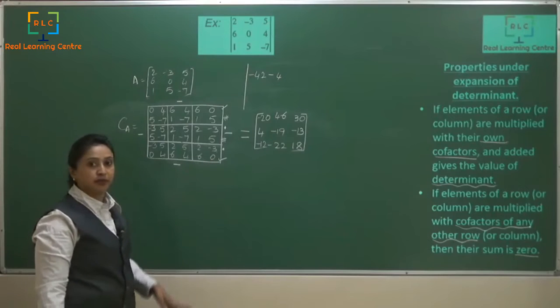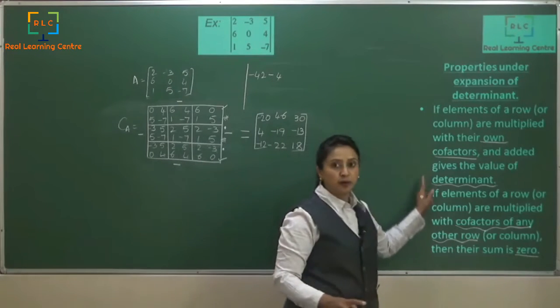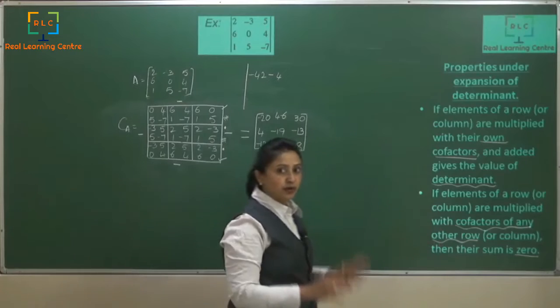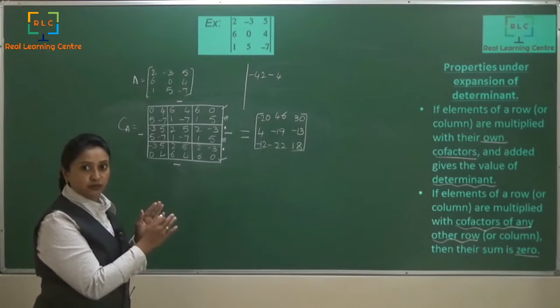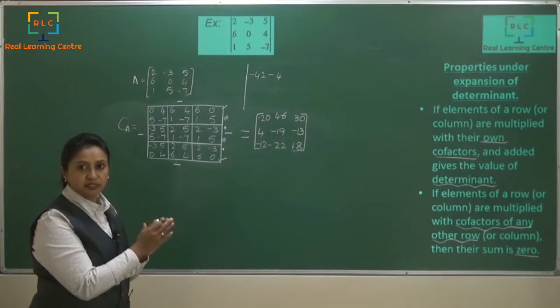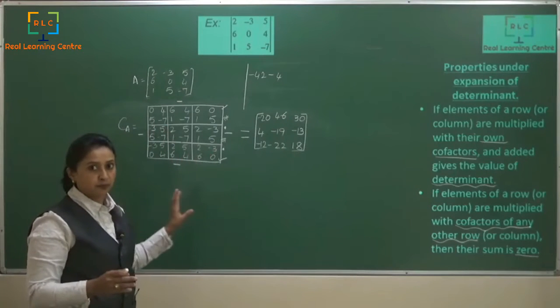Okay, now that I have got my cofactors, I want you to understand these two properties. It's so wonderful, you know. See, there is a certain procedure which I have followed, that too with the product of minus 1 to the power of i plus j, is it not? So we have taken out the corresponding cofactors with a particular procedure.